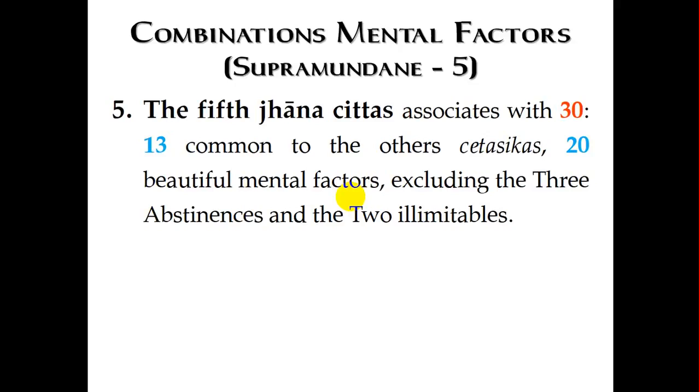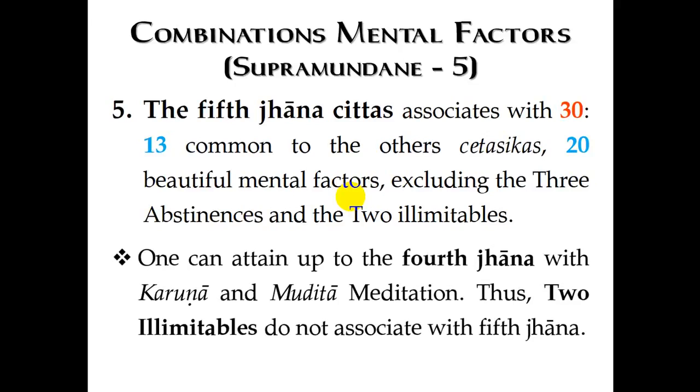But you have to exclude two elementary bases, which are compassion and altruistic joy, right? When you practice compassion and altruistic joy meditation, you can only attain up to the fourth jhana. You cannot attain the fifth jhana.